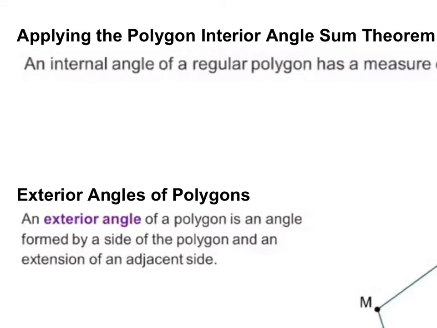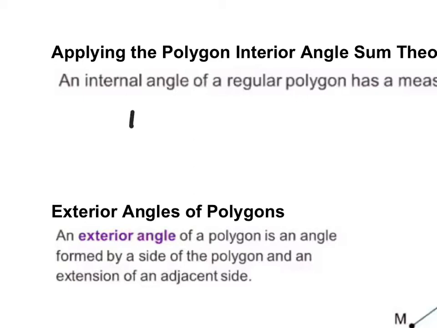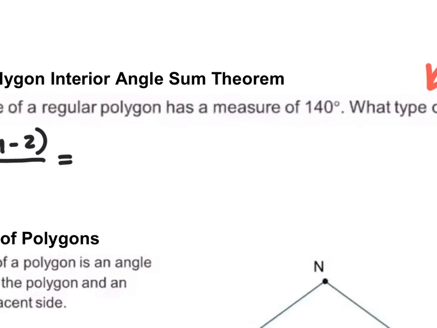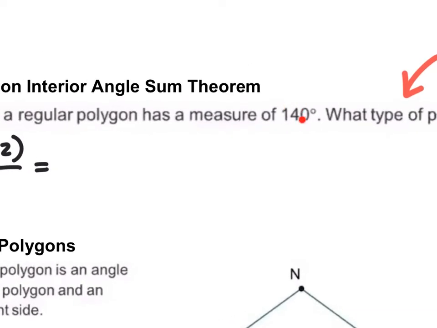Now remember what I did. I took my formula, which was 180 times n minus 2. I figured out the total number of degrees depending on what my n value was. And then I divided that by the number of sides to give me what each of those angles was. And then we can set that equal to the angle measure that each of those angles are, which is 140.